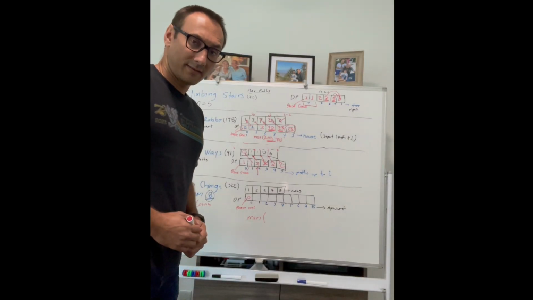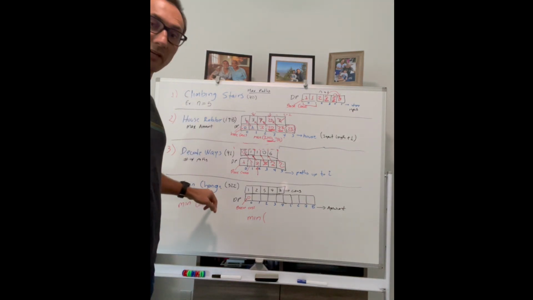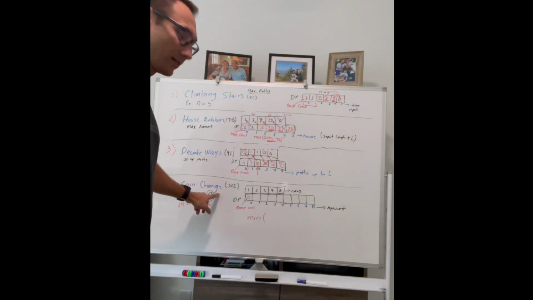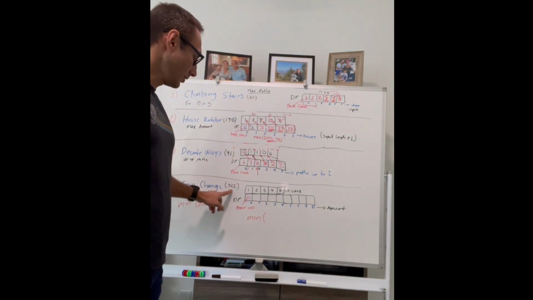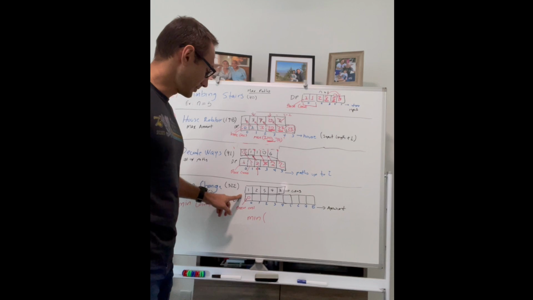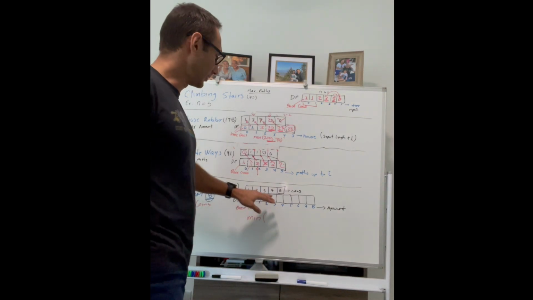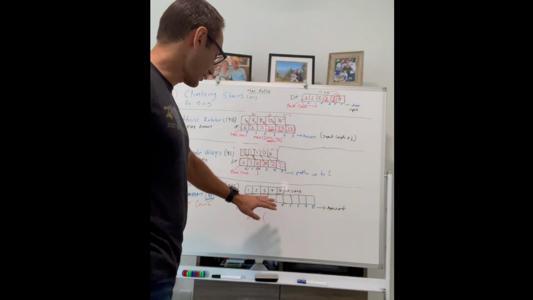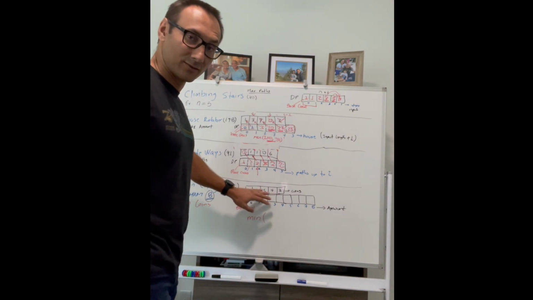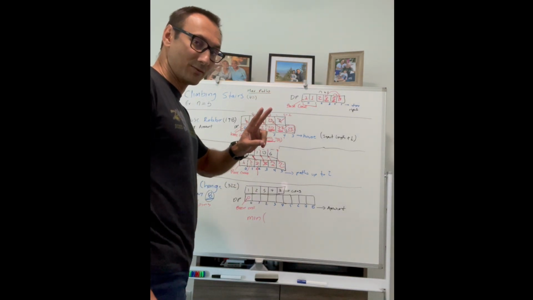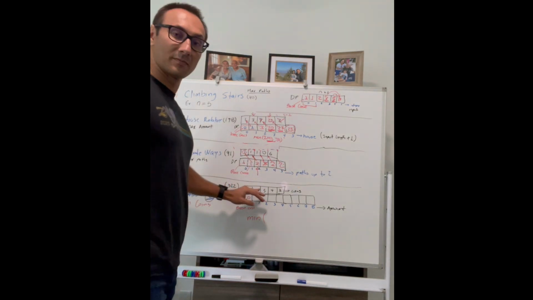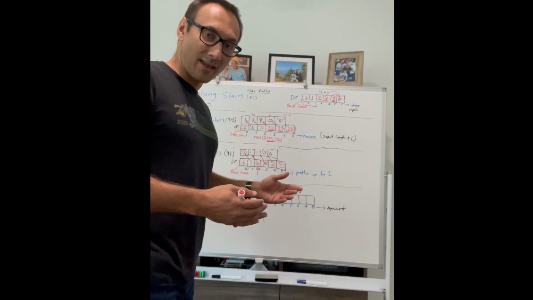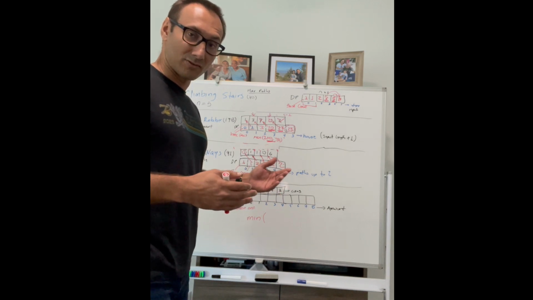Okay, so finally we have the coin change problem, 322 on LeetCode, and I really like this one because the difference with the one before is that you don't have two options to make. You have up to n options to make. Why? Because the problem gives you coins and you can reuse them as much as you want.